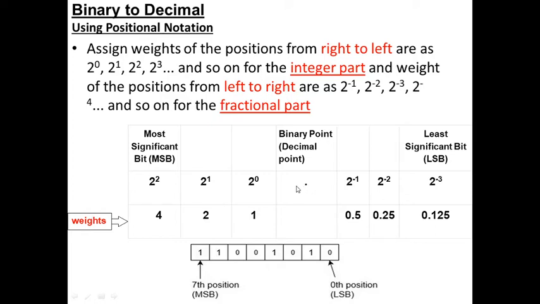We have to assign the weights to the binary number. This part is the integer part. This becomes the LSB of the integer part, so you have to give the index as 0, 1, 2, 3 and so on from right to left as it is written here.